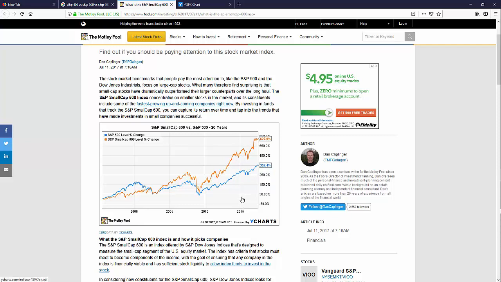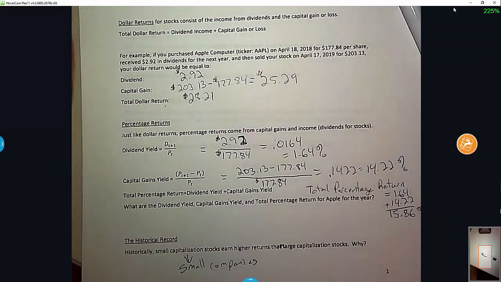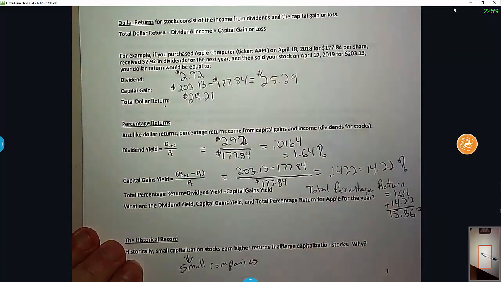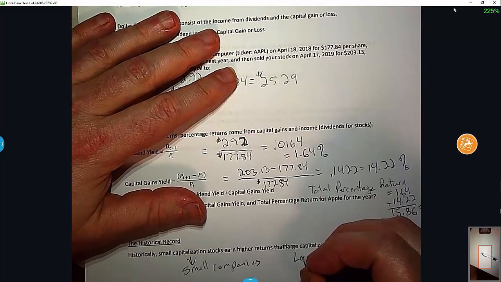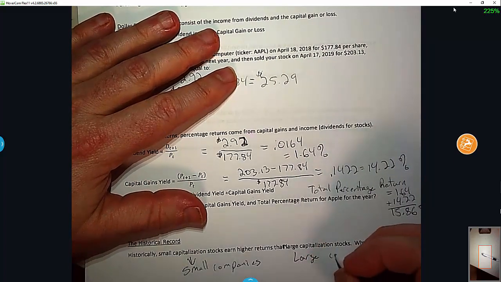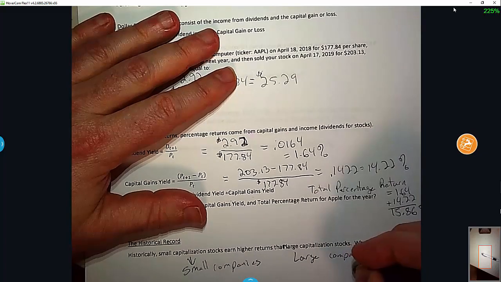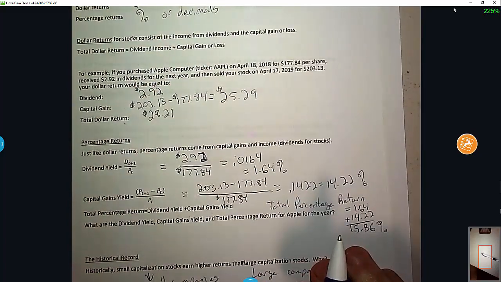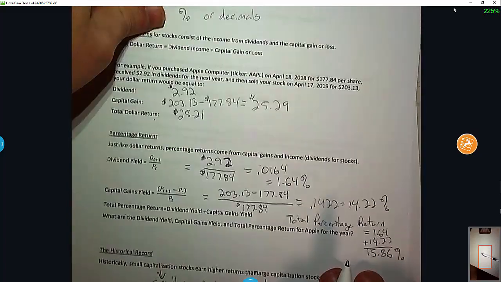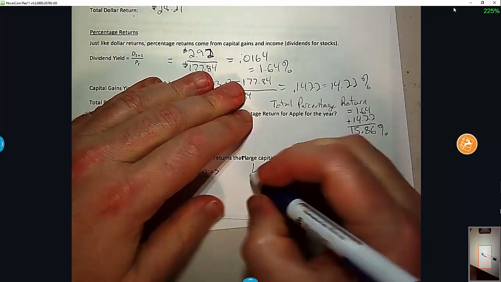And if we look over longer periods of history, this holds true. Small cap stocks tend to outperform large cap stocks. So why is this? Well, large cap stocks or large companies are less risky than small companies.